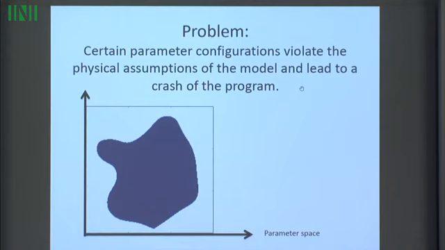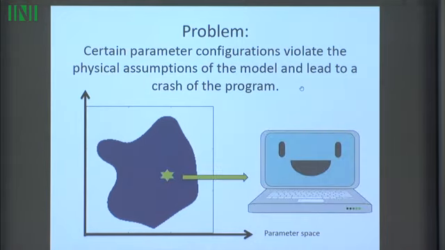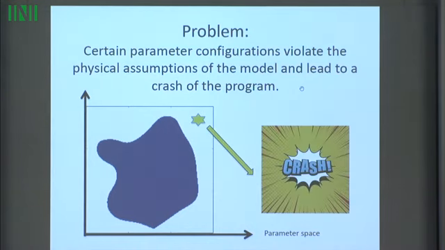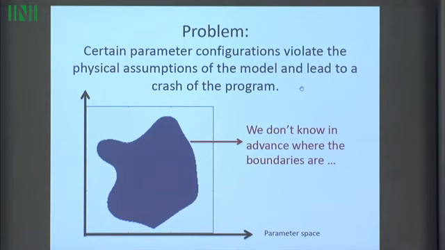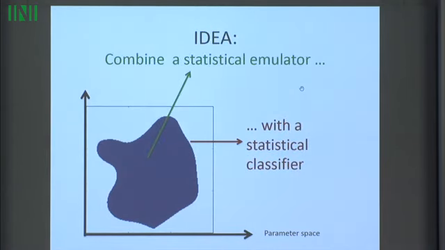The MCMC sampler can move outside the regime. If we're inside the regime, we put the parameters into our model, and yes, we get an output. If we're outside that regime, well, the program crashes. We run into singularity. We don't have any output at all. Right? And the problem is that we don't know where these boundaries are. If we don't know where they are, then we have to learn them. So what is the idea? We combine the statistical emulator with a statistical classifier.